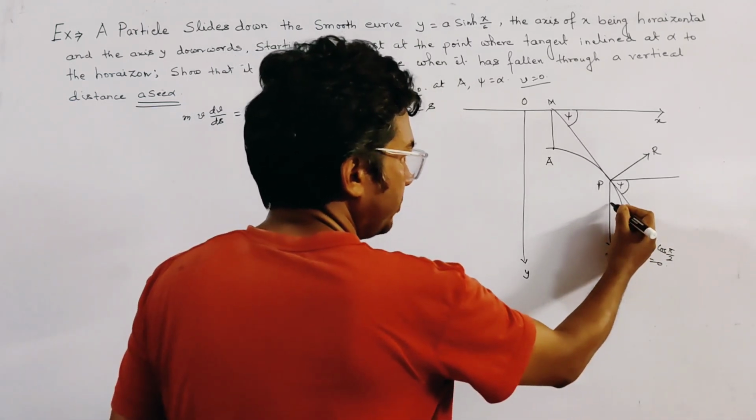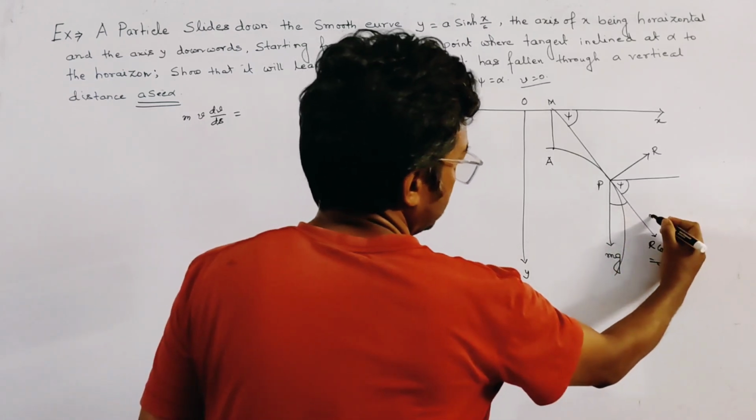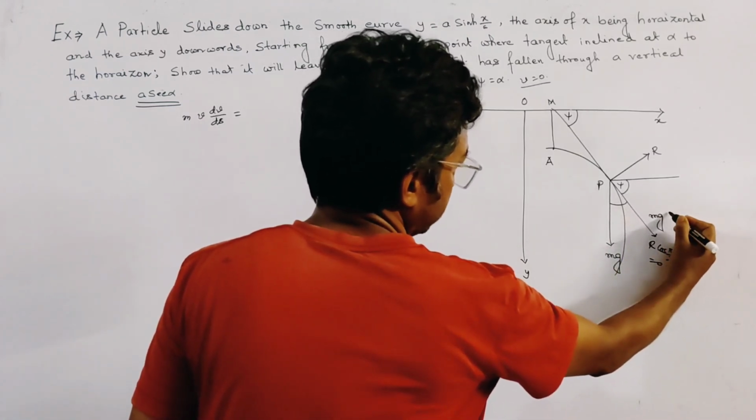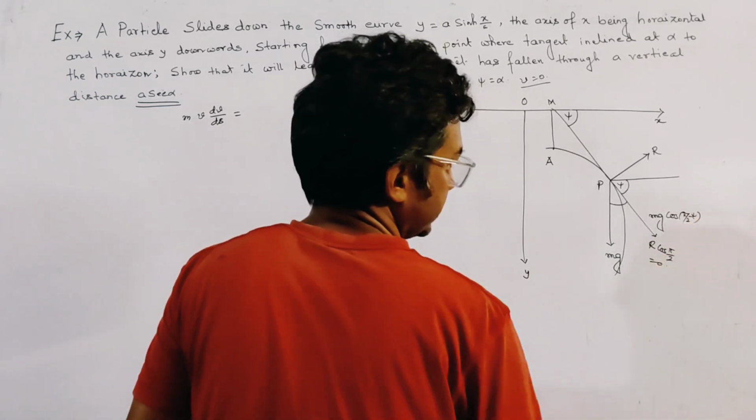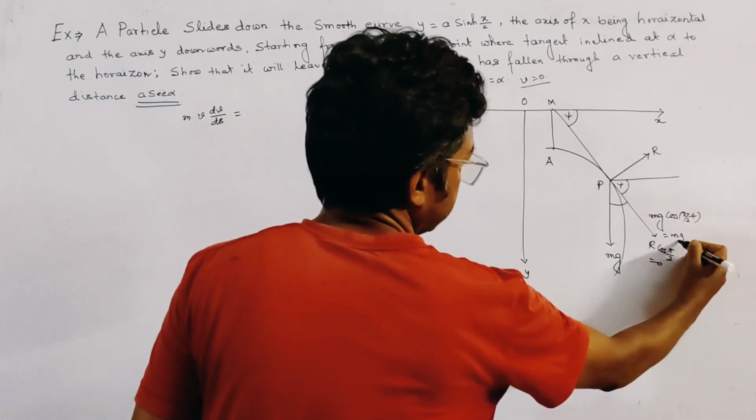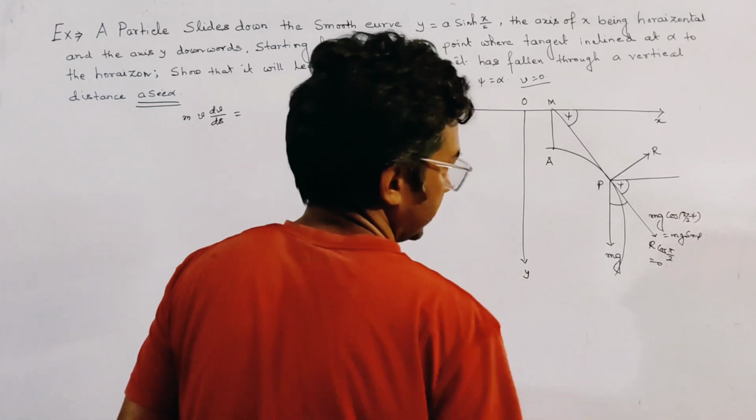And the component of mg is mg cos(pi/2 minus psi), that is mg sin psi.